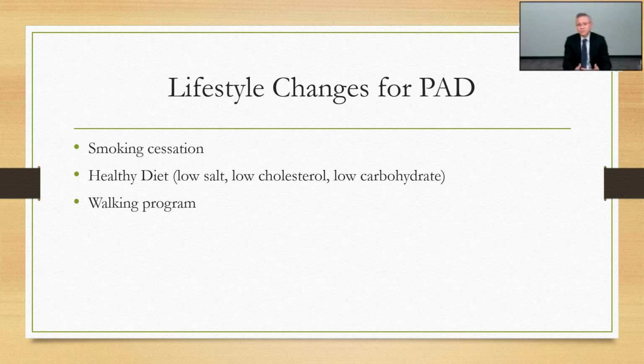Walking can improve the total walking distance as well as the pain-free walking distance if you follow a program strictly. So you can really achieve improvement, and there's reason for that. Here at San Antonio Regional Hospital, we do have a rehab program that's structured to provide supervised walking exercise for patients that have claudication.